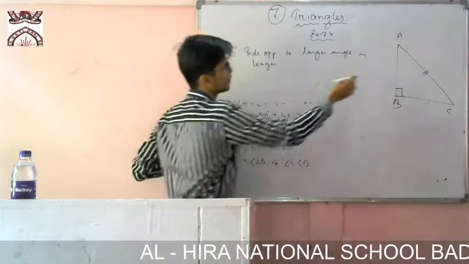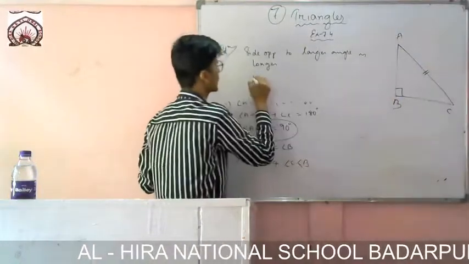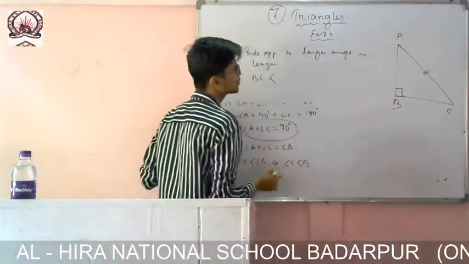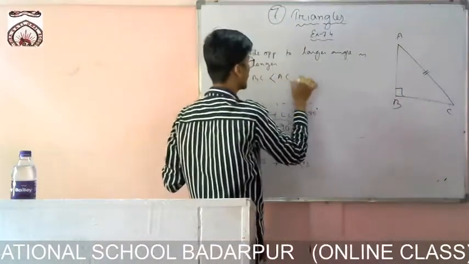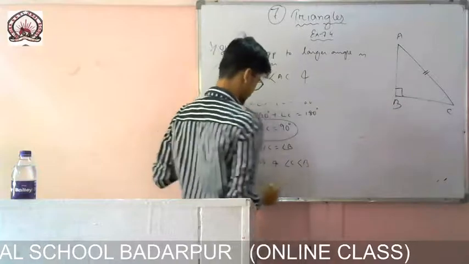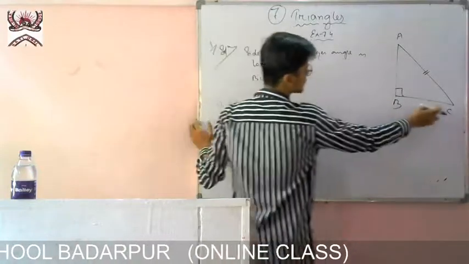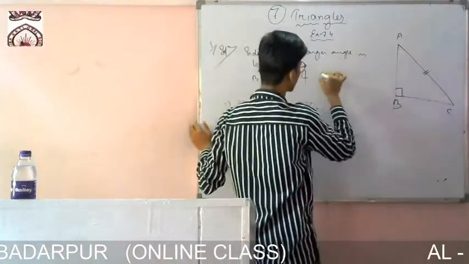BC. Opposite of angle A, it is BC. So BC will be smaller than which one? Angle B's opposite is AC. And angle C's opposite side is AB.